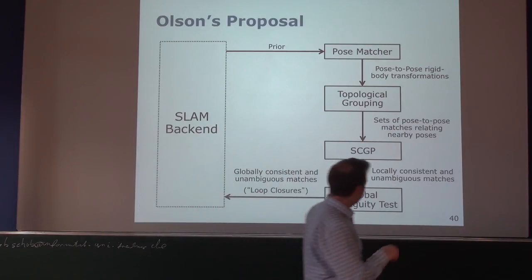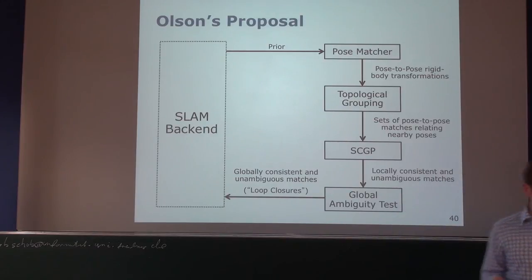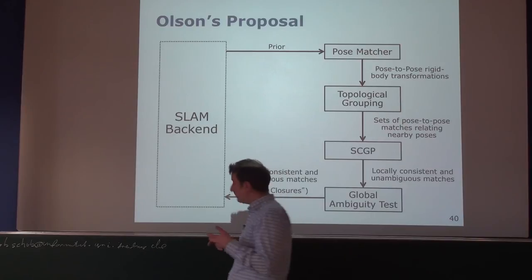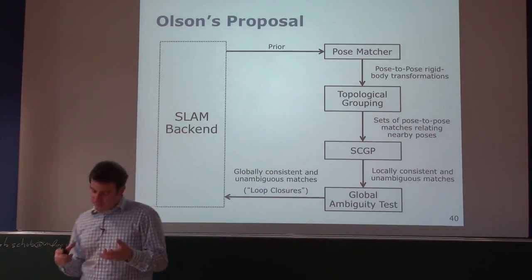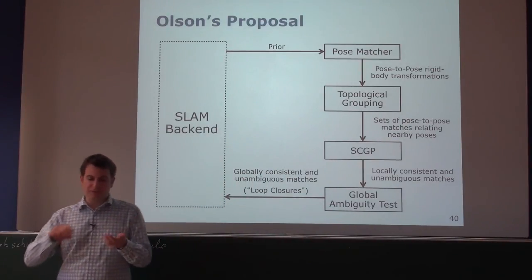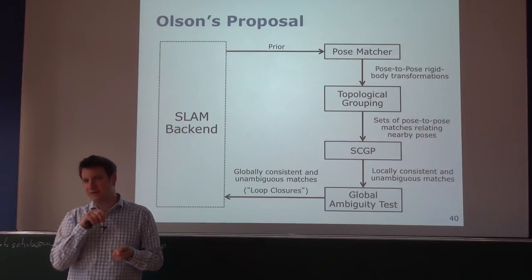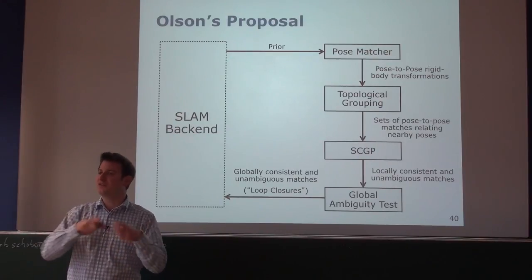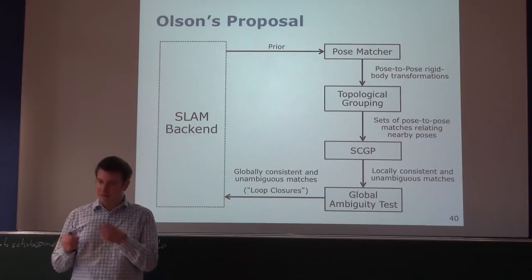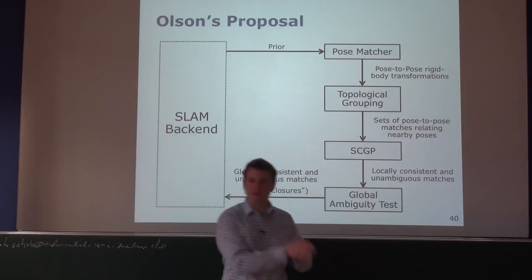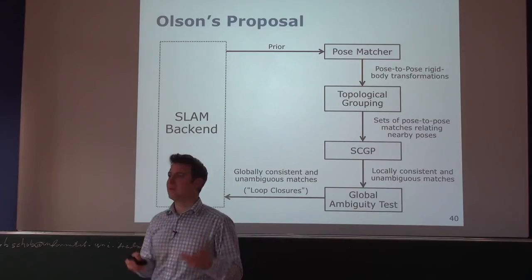And then it does two things. The first thing is that within those topologically grouped nodes, it tries to find consistent constraints. So how many constraints can I find in there which are consistent among each other? If some say I'm 1 meter to the left and others say I'm 2 meters to the left, this is an indicator for this picket fence problem.